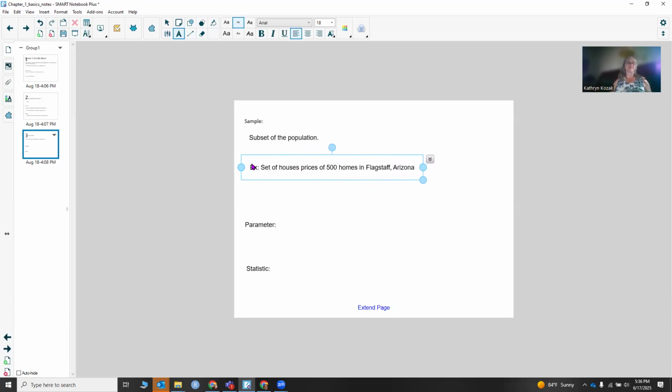Notice it looks exactly the same as the population, but instead of being for all of them, it's just for those 500. And so that's kind of what our sample is. It's just a smaller collection of that giant population. Hopefully, it is actually representative of it.